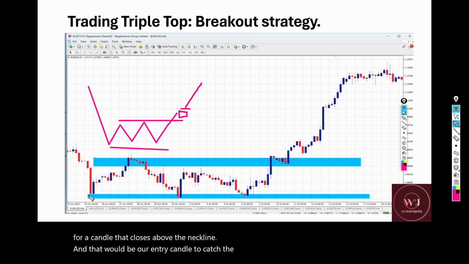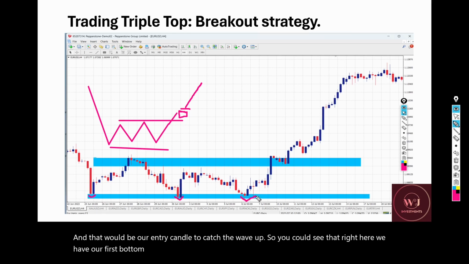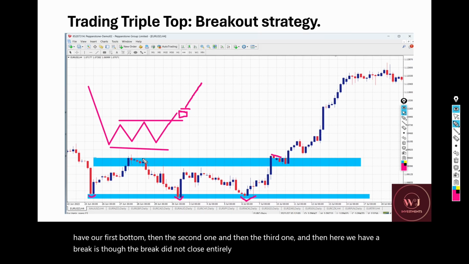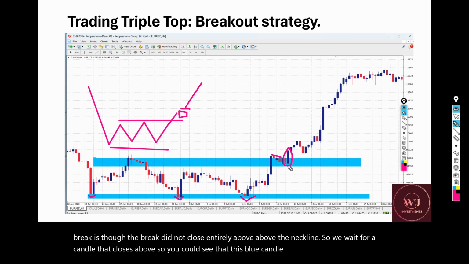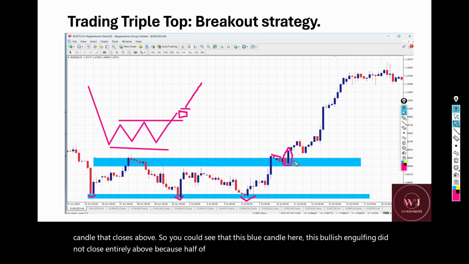So you could see that right here we have our first bottom, then the second one, and then the third one, and then here we have a break, though the break did not close entirely above the neckline. So we wait for a candle that closes above. You could see that this blue candle here, this bullish engulfing, did not close entirely above because half of its body is still in the resistance zone.